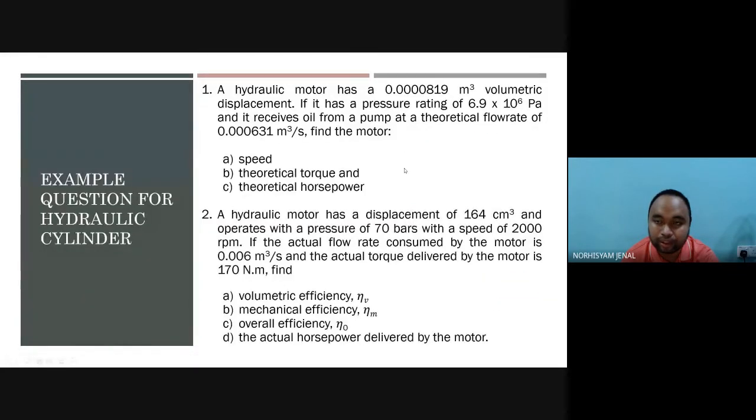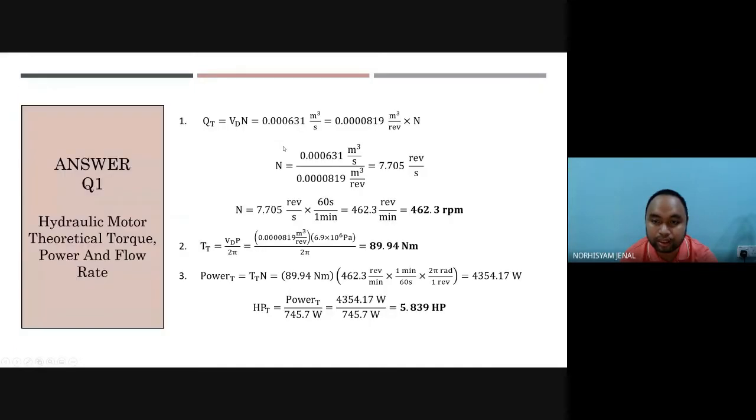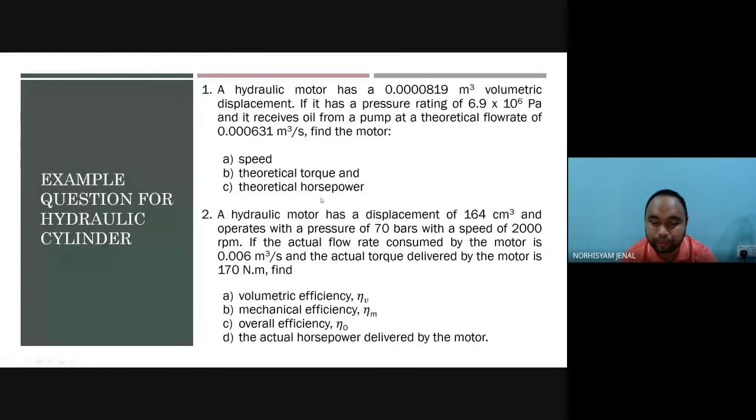Okay. So this is another example of study on hydraulic motor. A hydraulic motor has this number if it has a pressure rating. So this question is here and the answer should be here. I'll go through one by one, simple. First, hydraulic motor has a 0.0000819 meter cube volumetric displacement.